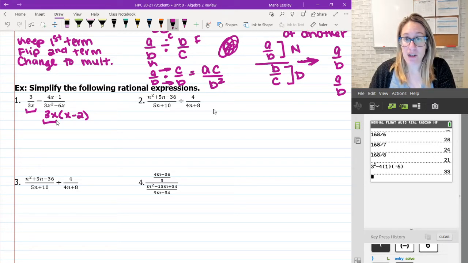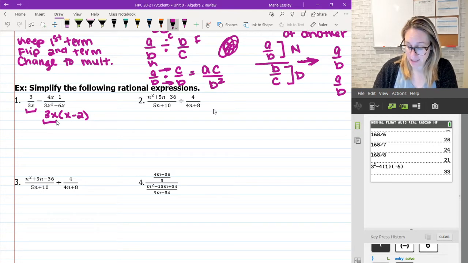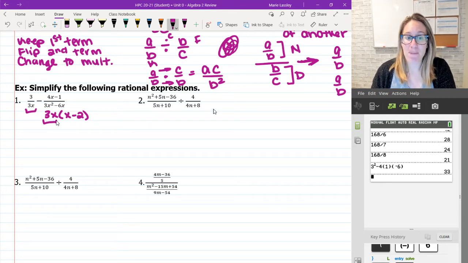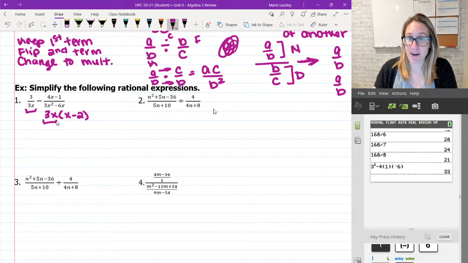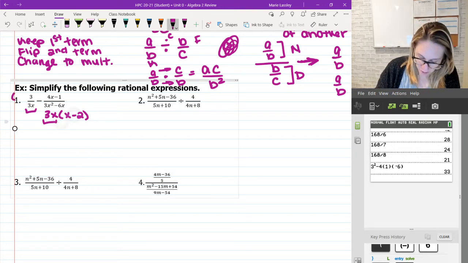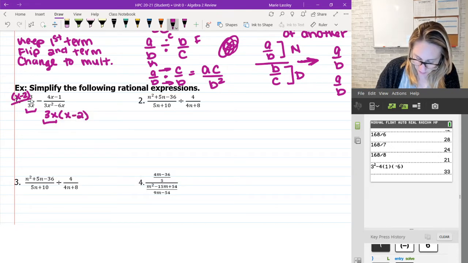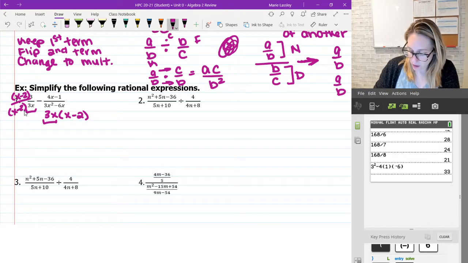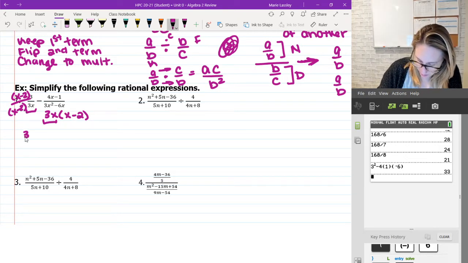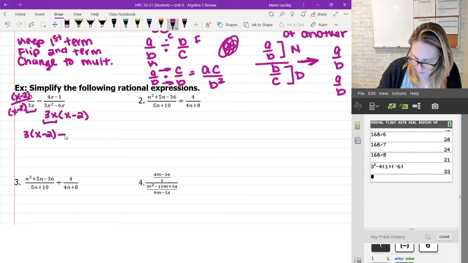So what I'm going to do to create my common denominator is I'm going to multiply my first fraction by x minus 2 over x minus 2 so that I have a common denominator. All right, rewriting that, I have 3 parentheses x minus 2 minus 4x minus 1.